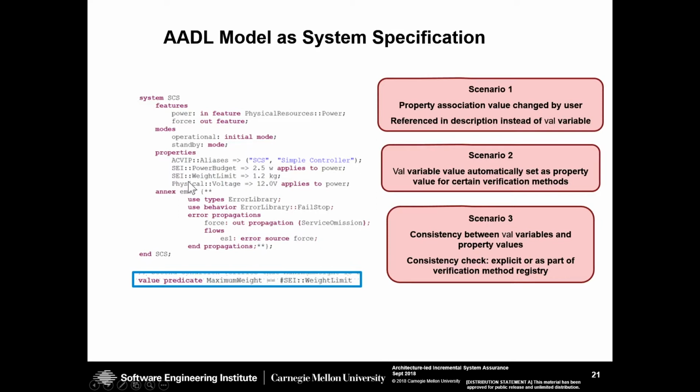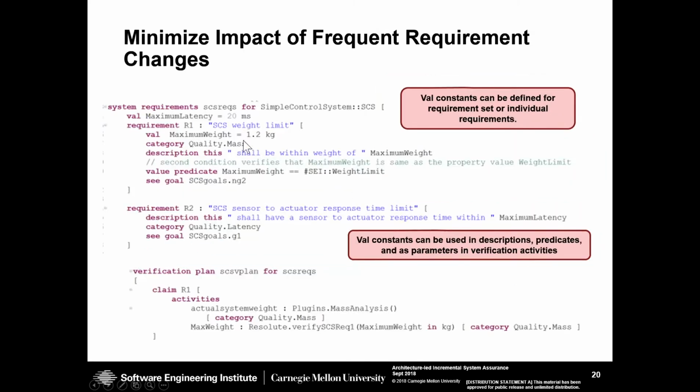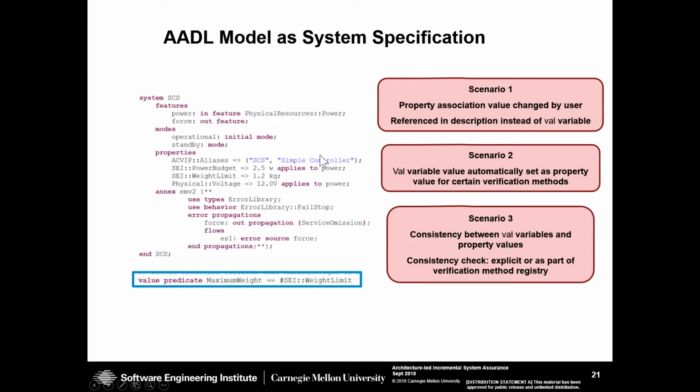Now, when you have models like that already in place, one way of defining requirements is that in the requirement specification itself, like on the previous page, instead of using constants, I refer to the property in the model. So that's my first scenario. In that case, the parameters to the requirement are already in the model itself and not in the val thing. So that is a situation that you may want to use when you have already existing models.